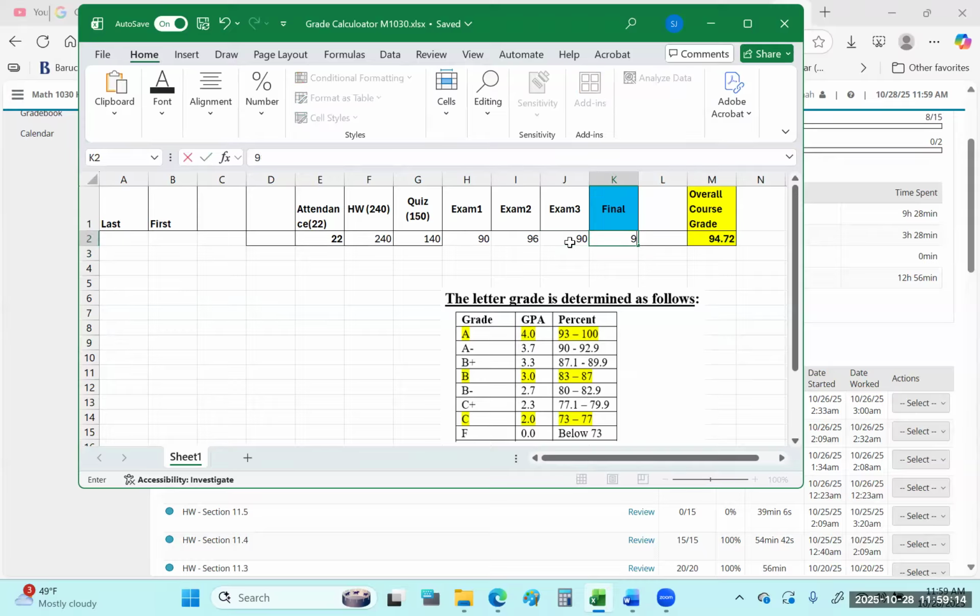You have to be 90 or more to get an A. So let's say 91, not enough. 92, not enough. 93. It cannot be the opposite because the final is worth more, 30%. So let's see, 93 and 90, does it work? No. So we'll just get a 93 on the final.